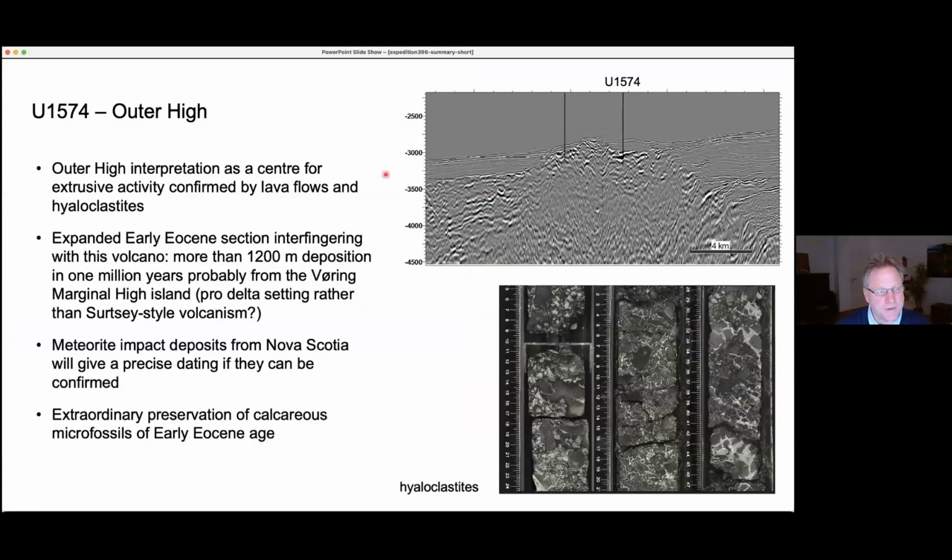And then we went to the northern part, to these outer highs, and we found hyaloclastite deposits in these outer highs, which basically mark the time when the volcanic rift axis is subsiding below the seafloor, and you have a lot of interaction of the main magma systems with the seawater.